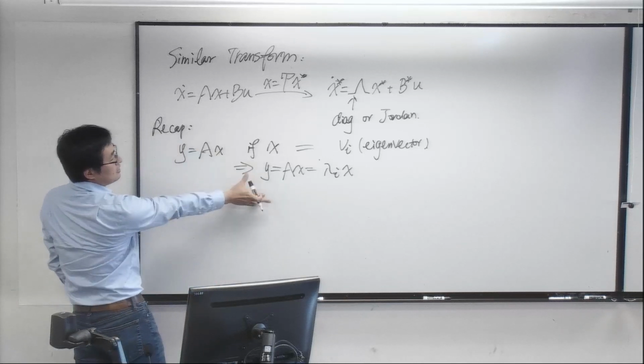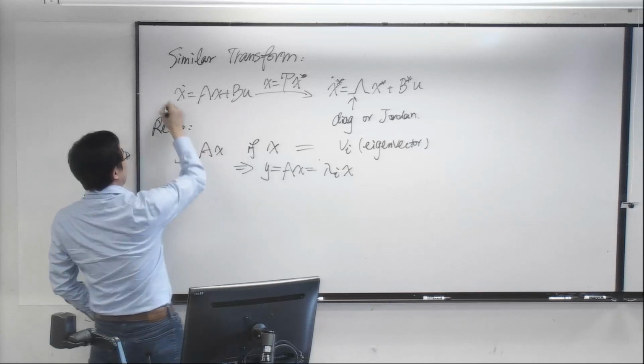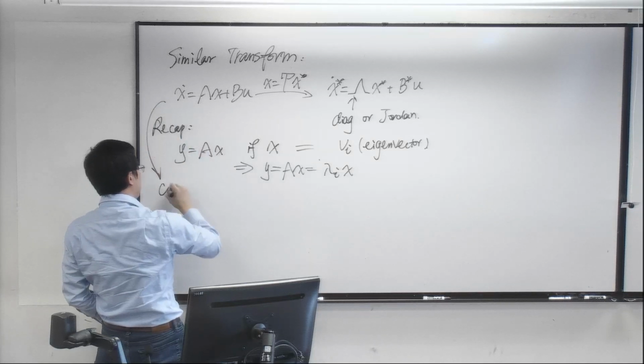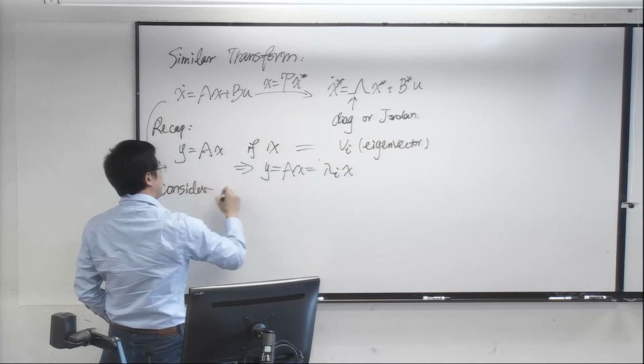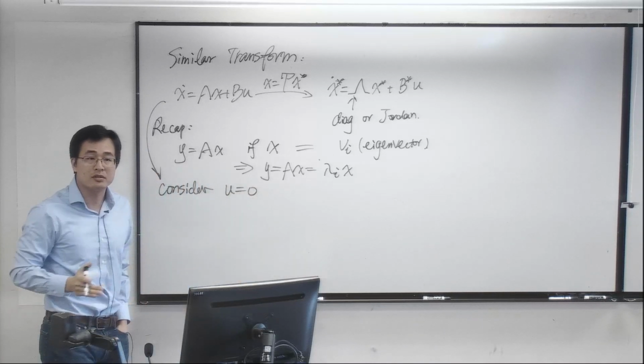Now let's put this into perspective for this system that we are talking about. So consider the case where I don't have input. I just want to take a look at the initial response.